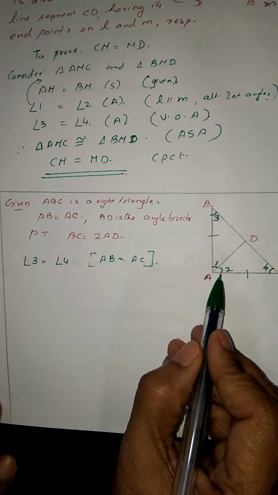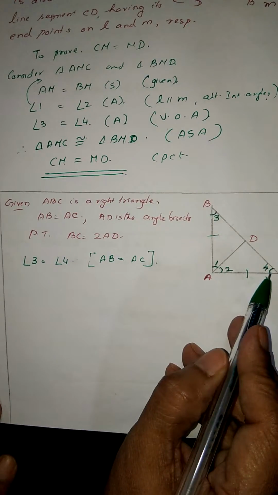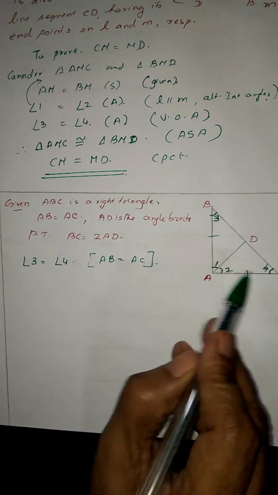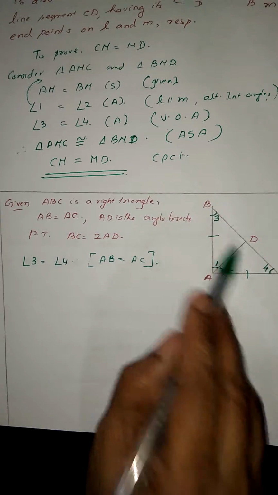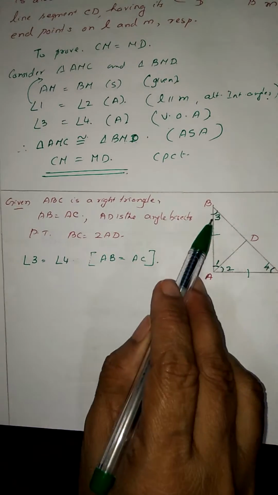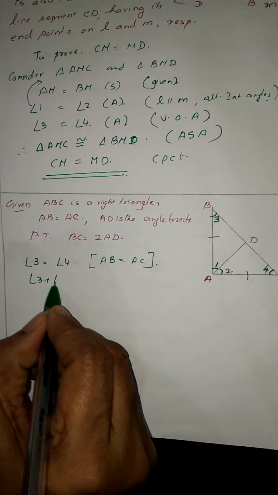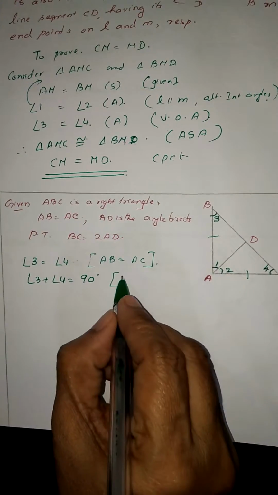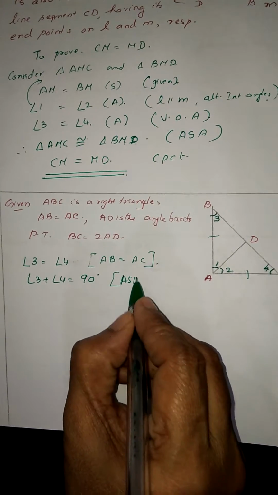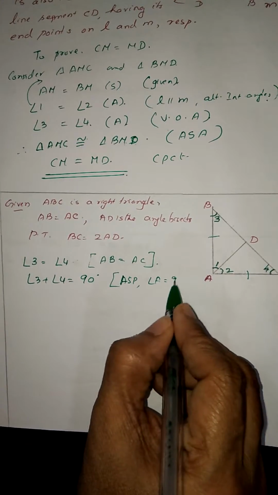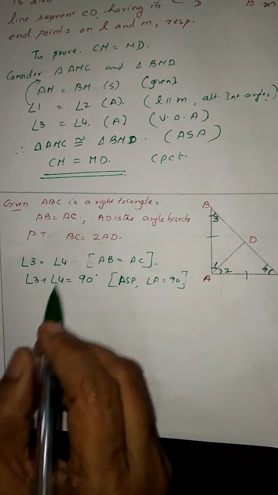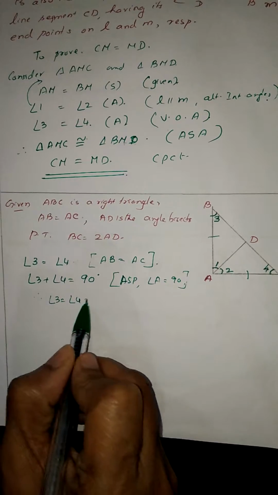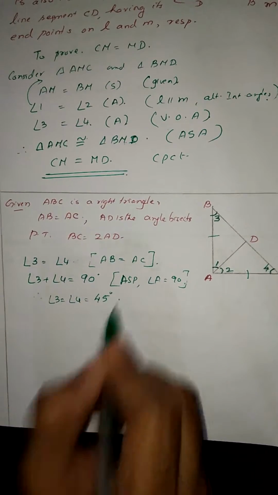Now angle A is 90 degrees, so angle 3 plus angle 4 is equal to 90 degrees, by the angle sum property. So 3 is equal to 4. Therefore, angle 3 is equal to angle 4 is equal to 45 degrees.